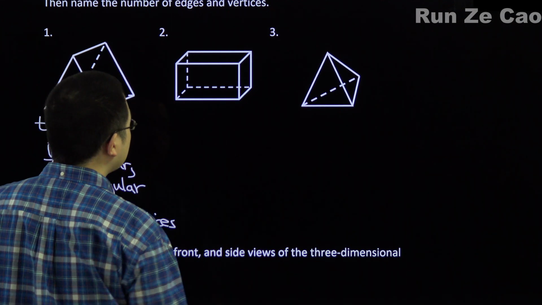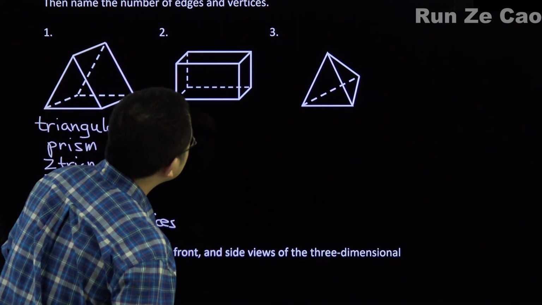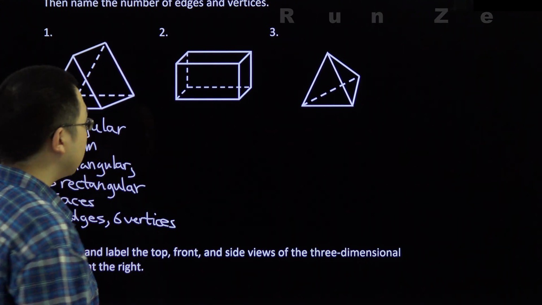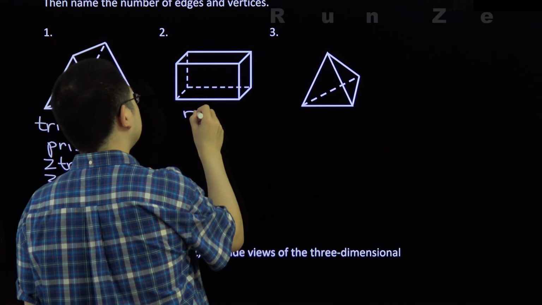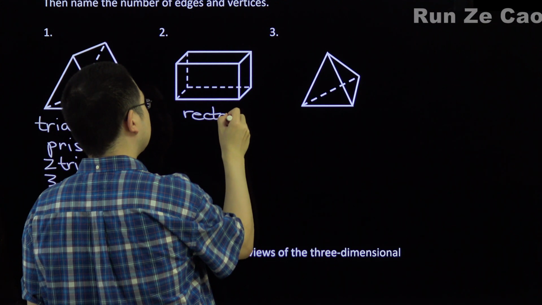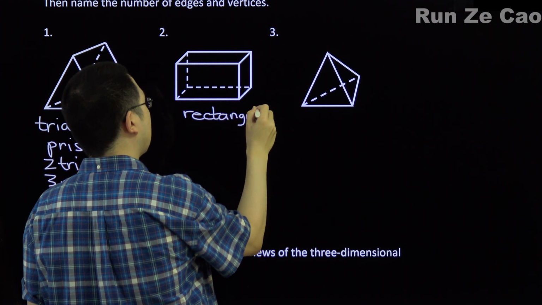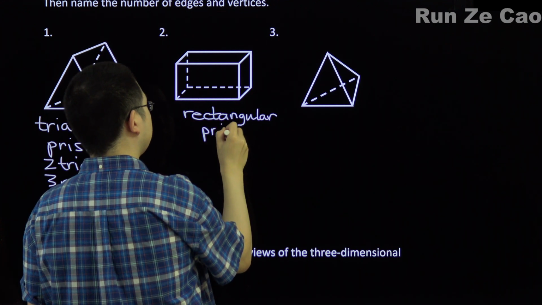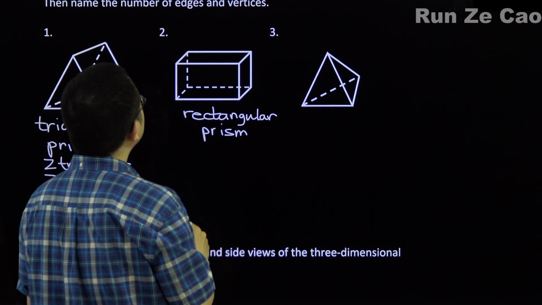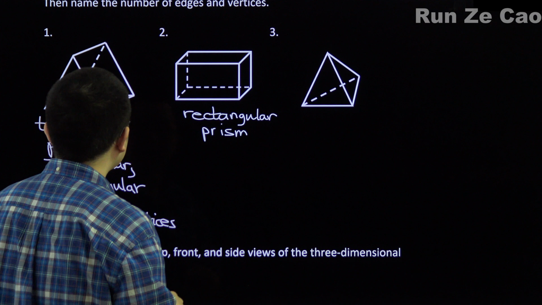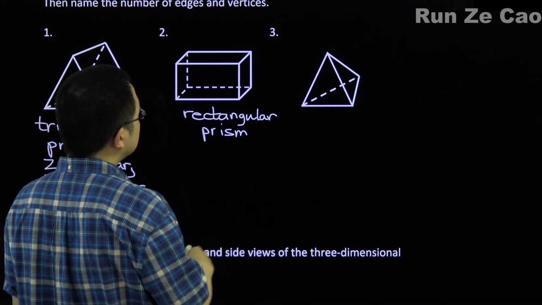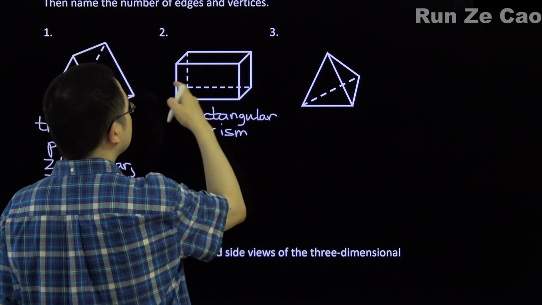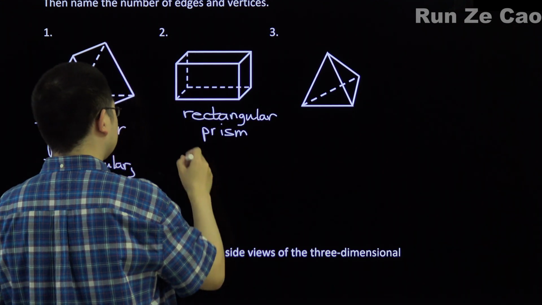Now this could be supposed to be a square, but to be safe, it's a rectangular prism. Okay, then we got 1, 2, 3, 4 lateral sides and 2 bases, all of which are rectangles.